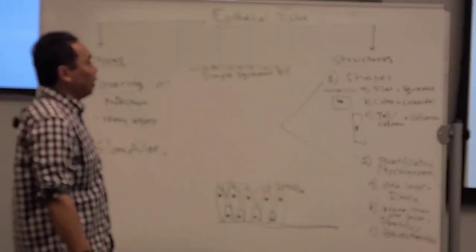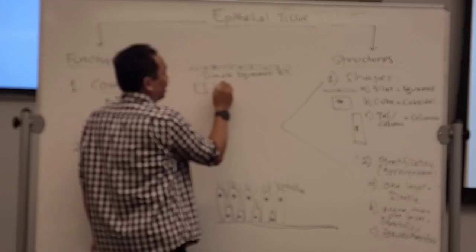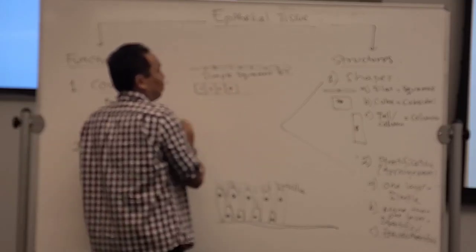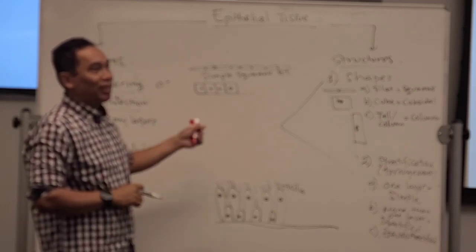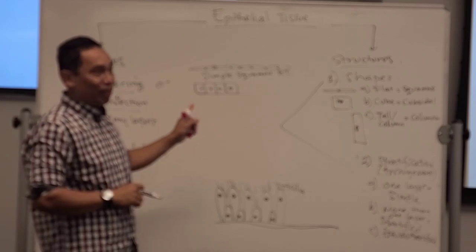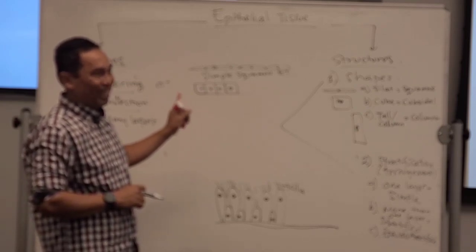If it is one layer, but the cell is cube, what is the name going to be? Simple cuboidal ET. That's easy, right? Example is in the kidney, where we have a lot of simple cuboidal ET.